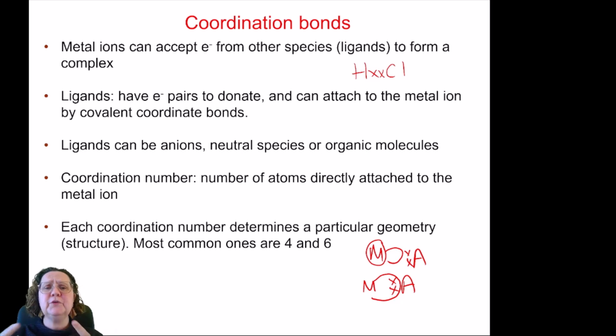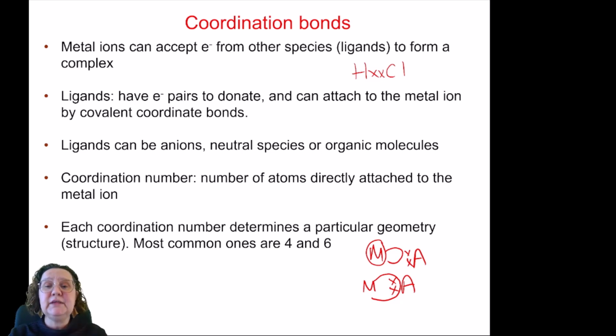We call those species ligands. It could be a neutral molecule, or it could be an anion, something with a negative charge. They have electrons to donate and can attach to the metal ion. So you have the metal ion, which accepts the electrons, and the ligands, which donate the electrons.